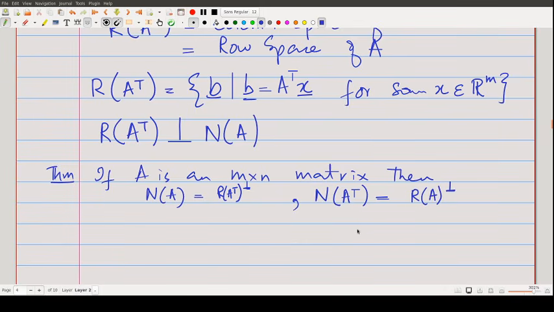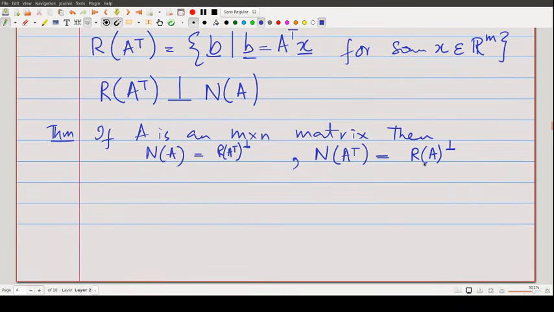So notice something, this is the column space of A, and we're saying that the column space of A is orthogonal to the null space of the transpose. And over here we are saying that the orthogonal complement of the column space of A, so this is actually two things.